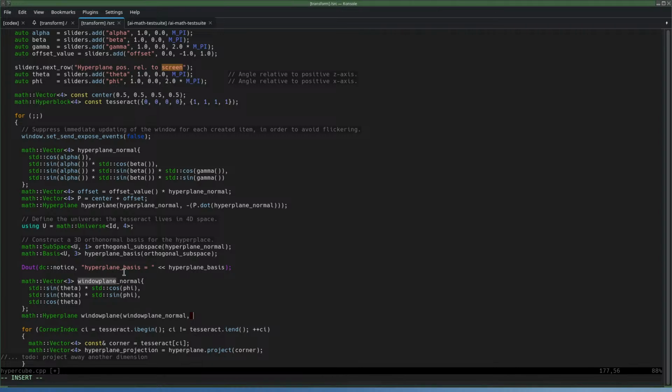So yeah, the origin of the hyperplane is in the window plane. So I have to fill in this formula here, minus some point dot product with the normal. But my point is 0. So the dot product is going to be 0, and the minus in front of it is still 0. So yeah, 0.